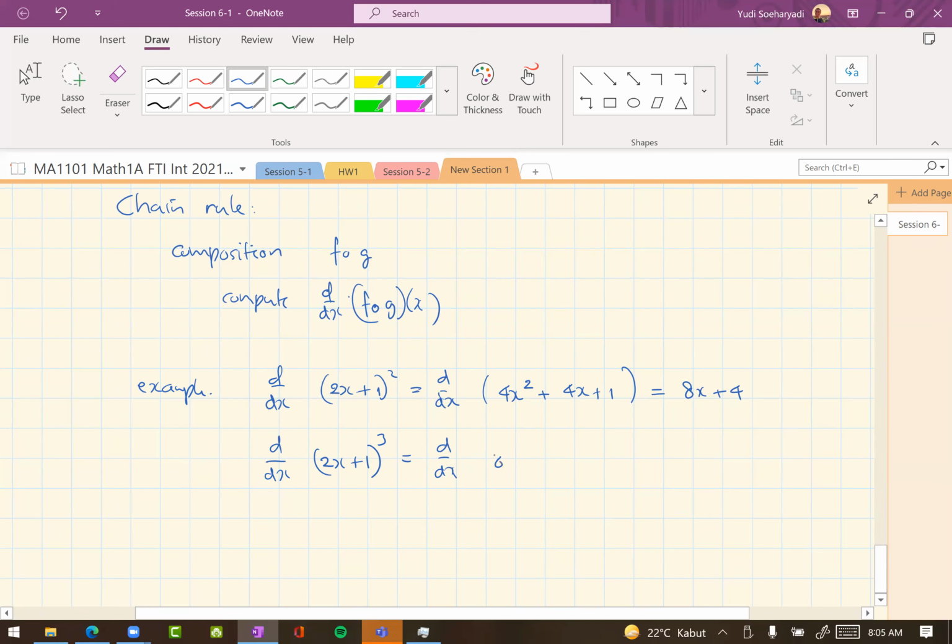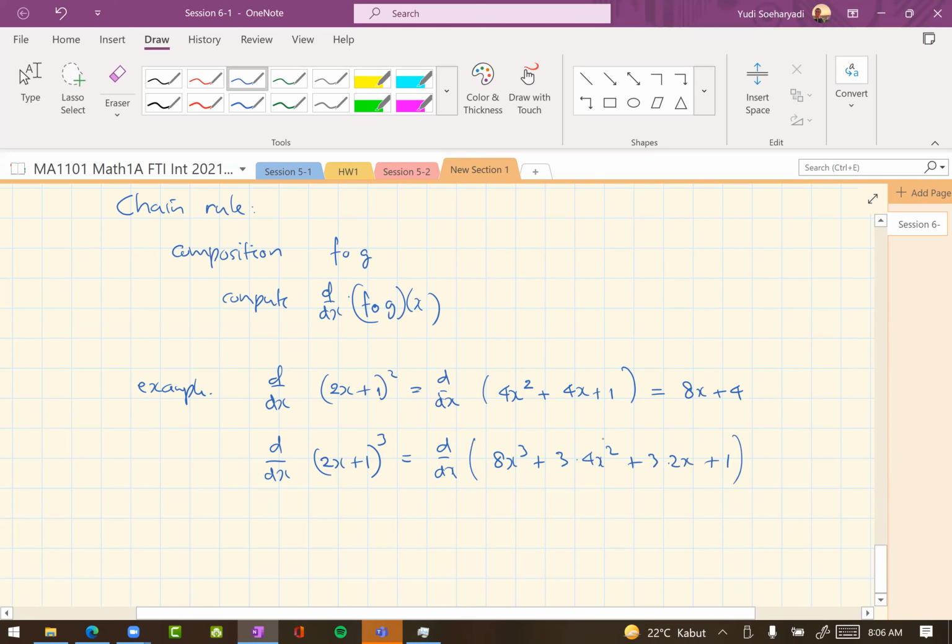Cube first, then you get the square of this: 3 times 4x squared, plus 3 times 2x plus 1.